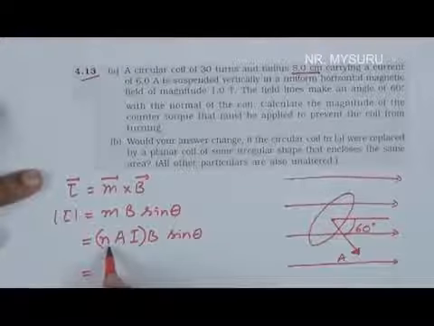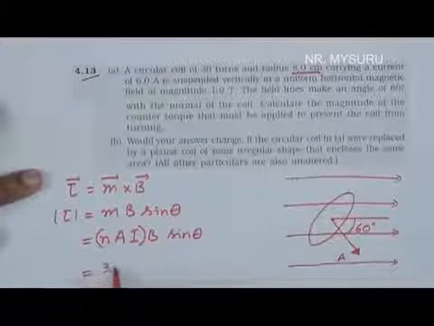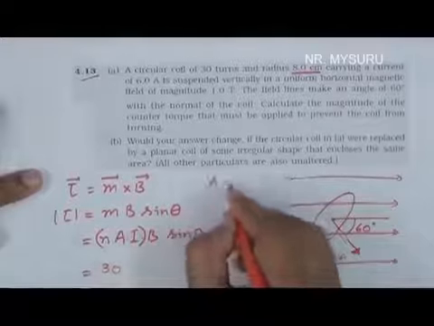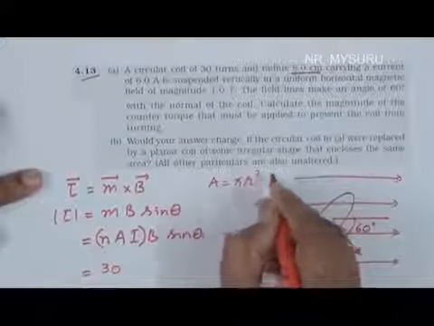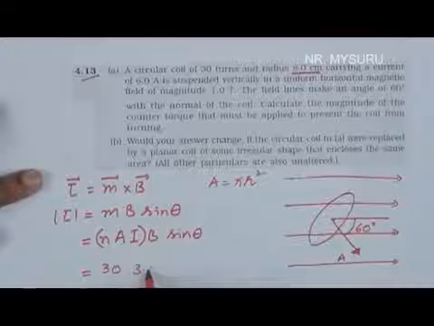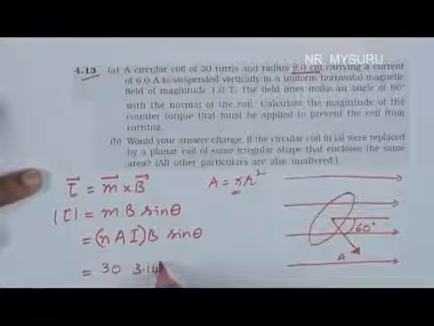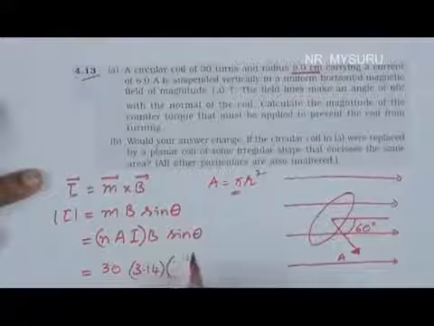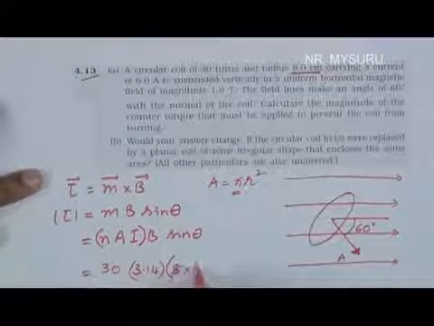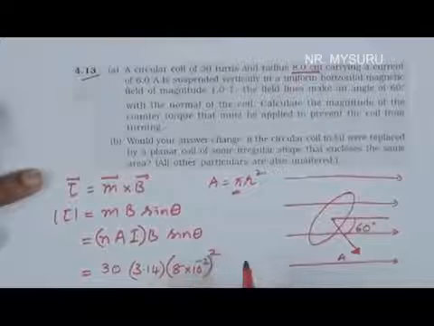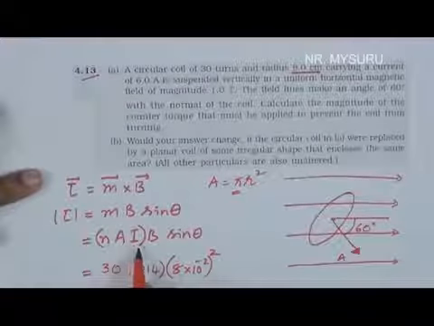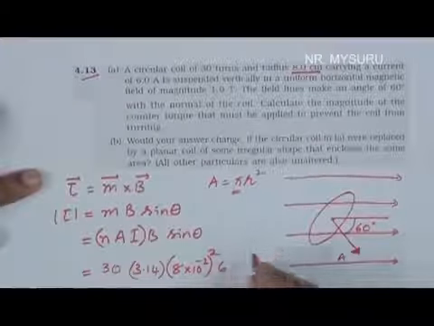Number of turns is 30. Area, since it is a circular coil, pi r square is the area. 3.14 into r square. Radius of the coil is 8 cm, 8 into 10 power minus 2, square. Current through the coil is 6 ampere.